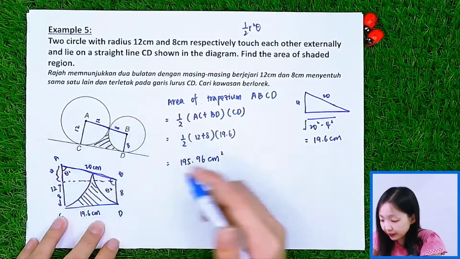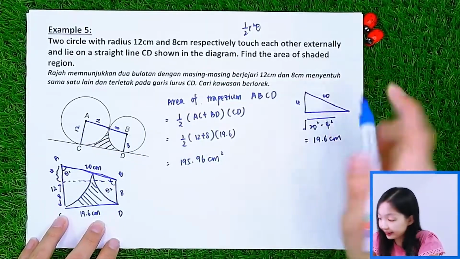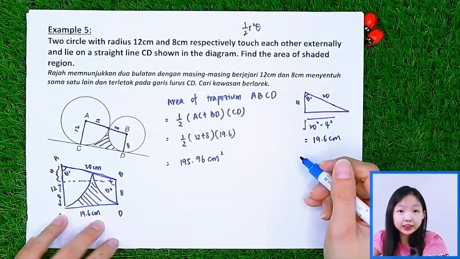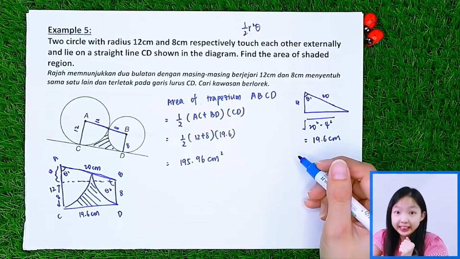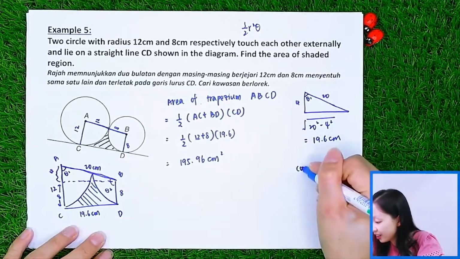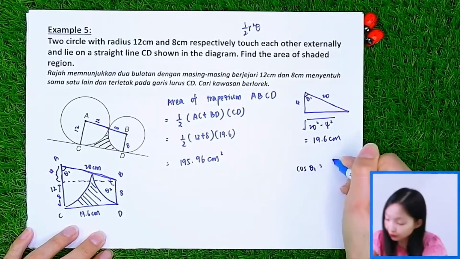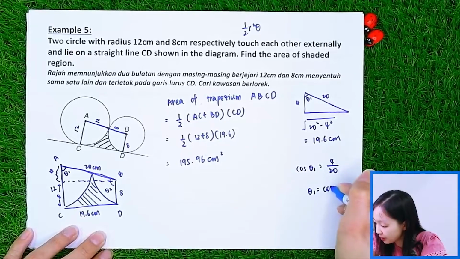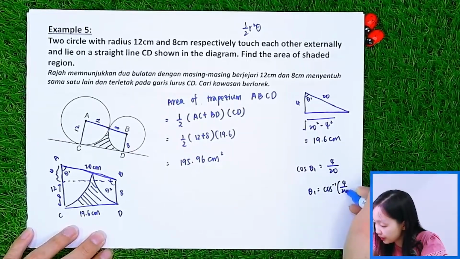So for this theta 1, we can use this triangle. This is theta 1. And then what can we use? Sine, cos, tangent. We can use cos. So cos theta 1 is equal to 4 over 20. Theta 1 is cos inverse 4 over 20.